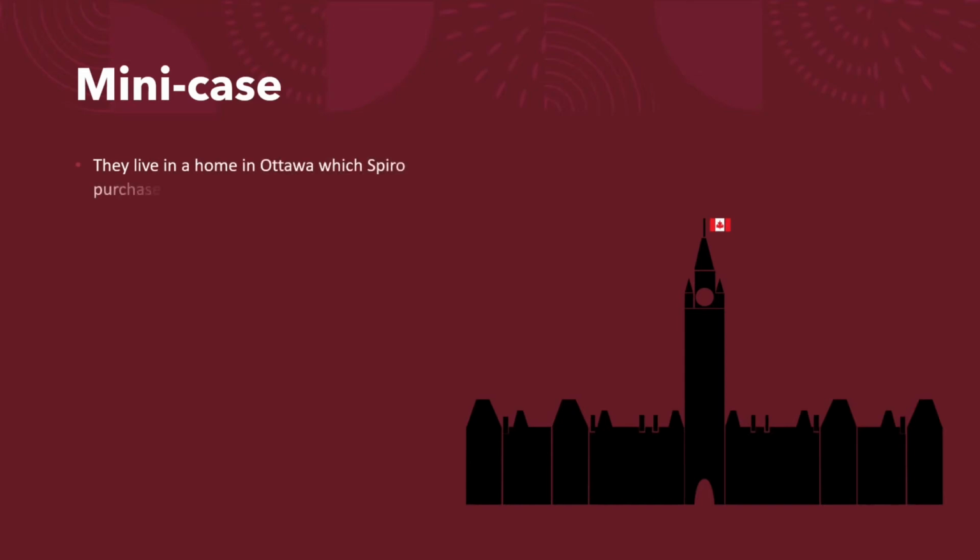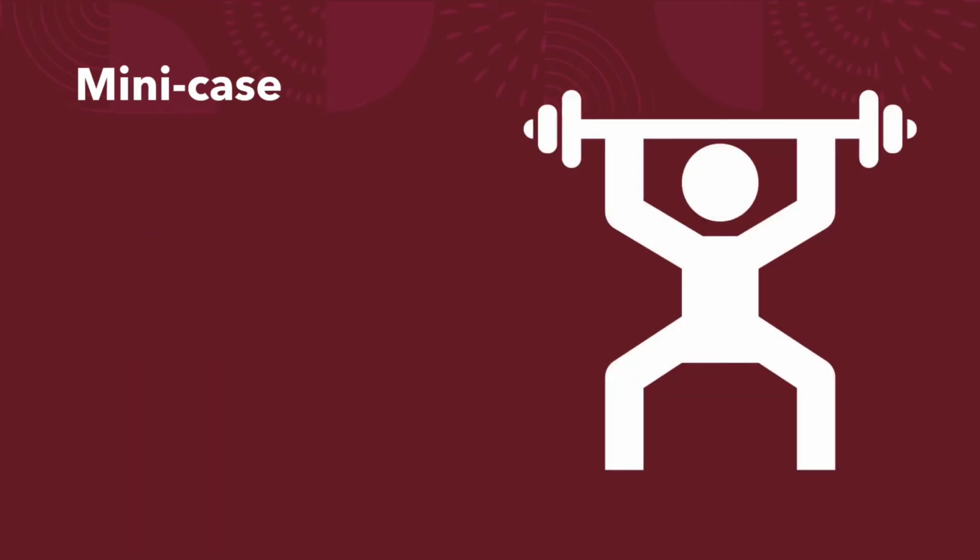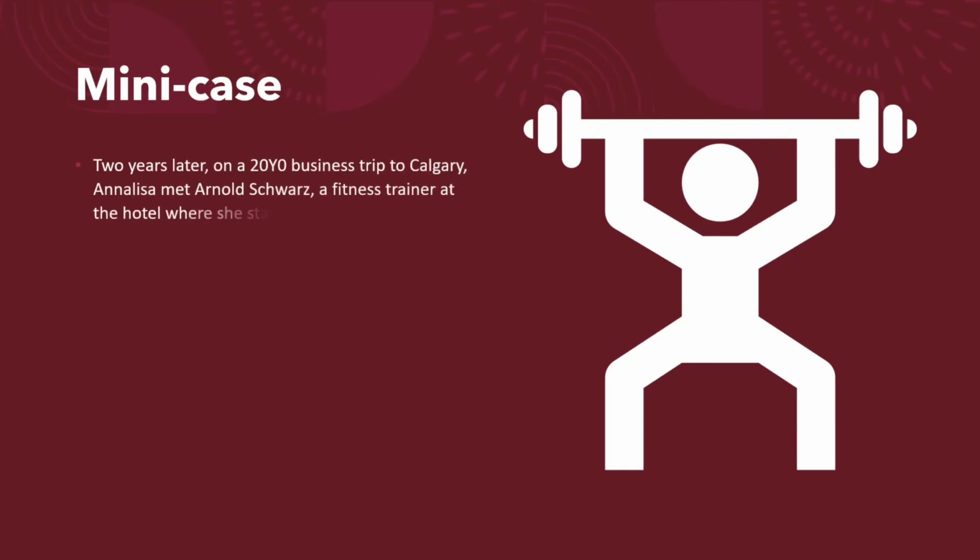They live in a home in Ottawa, which Spiral purchased as a wedding gift for Annalisa in 20X8 for $628,000. Annalisa is the sole owner of this property. 2 years later, on a 20Y0 business trip to Calgary, Annalisa met Arnold Swartz, a fitness trainer at the hotel where she stayed.